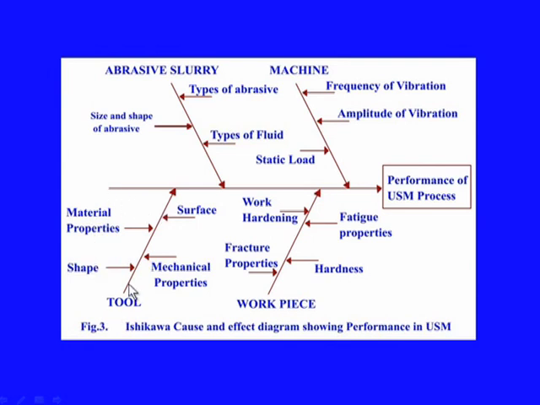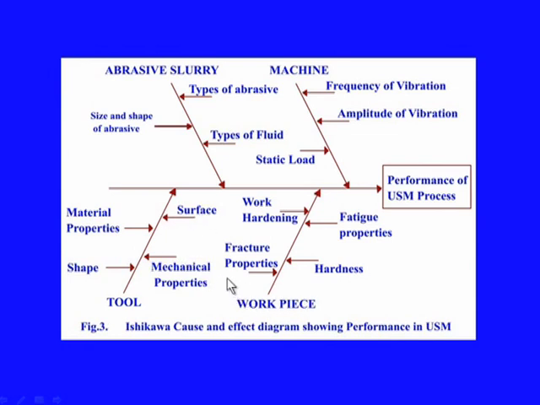Then as far as the tool is concerned, as we have already discussed, tool material is very important. So, the properties of the tool material are an important criterion, then shape of the tool, then the mechanical properties of the tool material, strength etc., hardness and then the surface.